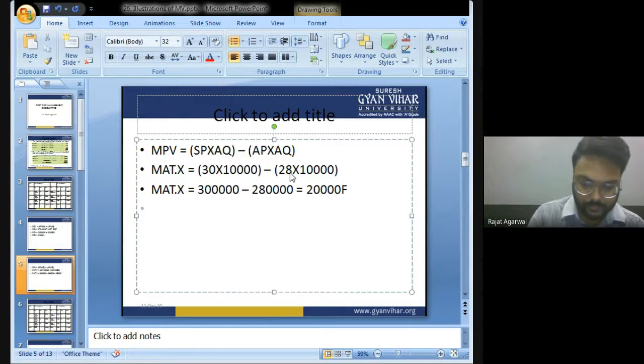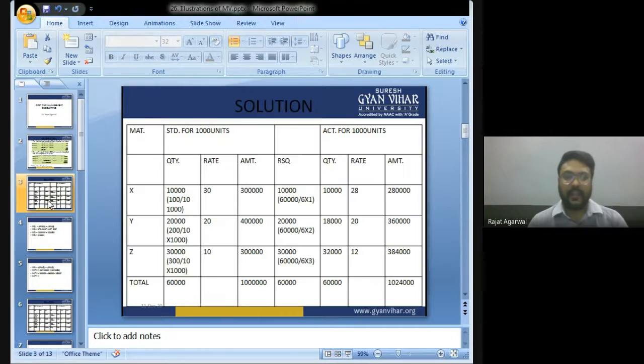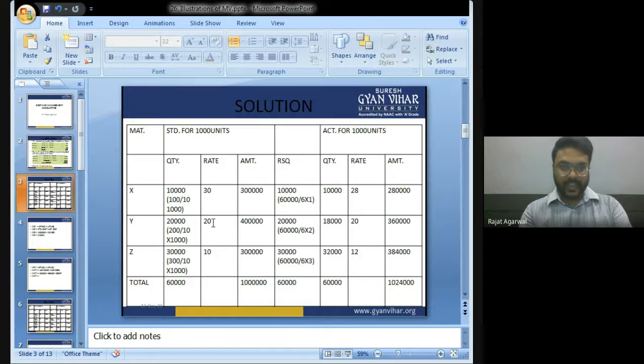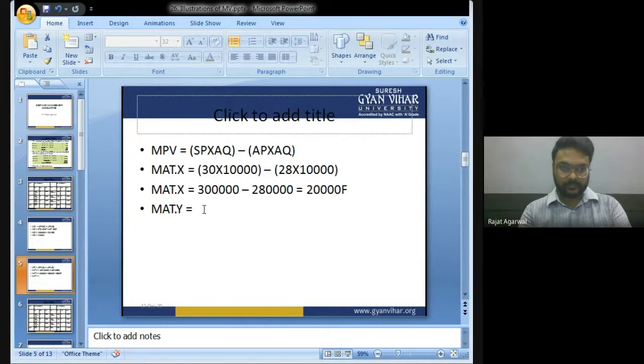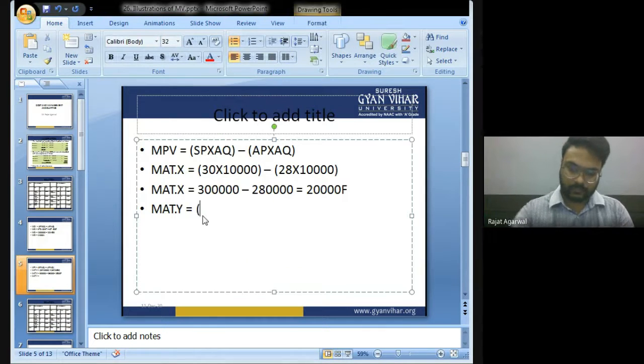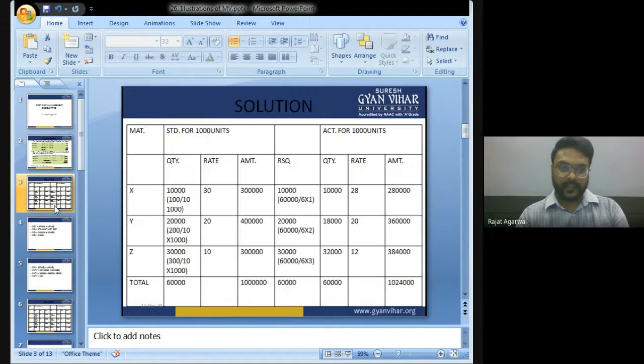Now, material Y. Standard price of material Y is 20. Actual quantity of Y is 18,000.